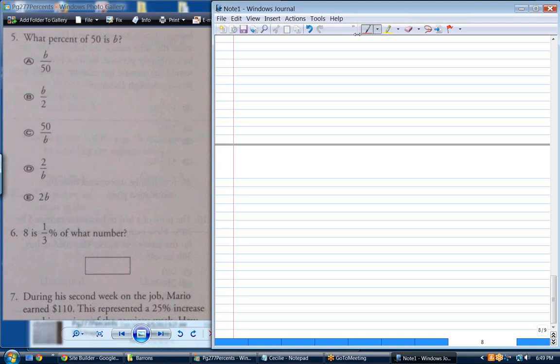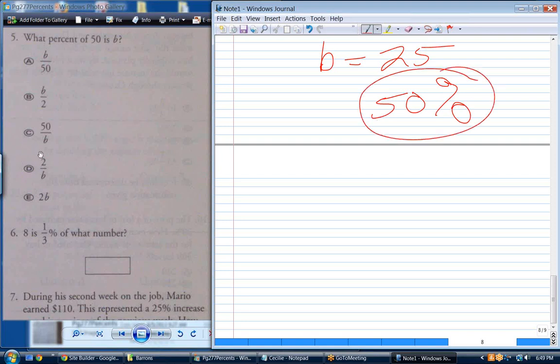Pick a number for b. What percent of 50 is, let's say b is 25. So what percent of 50 is 25? Half. It's 50%. So that's our answer. Now let's go through all these answers and see, when we plug in 25 for b, which one is equal to 50?